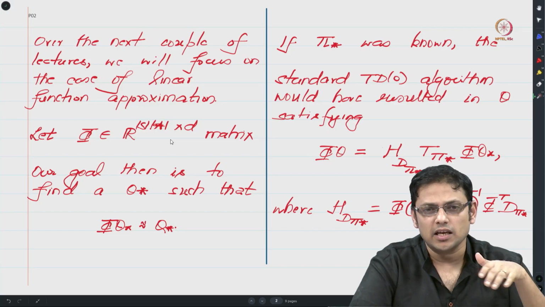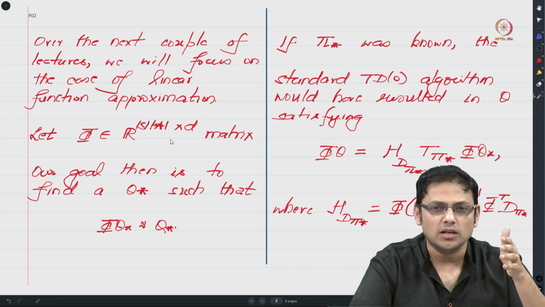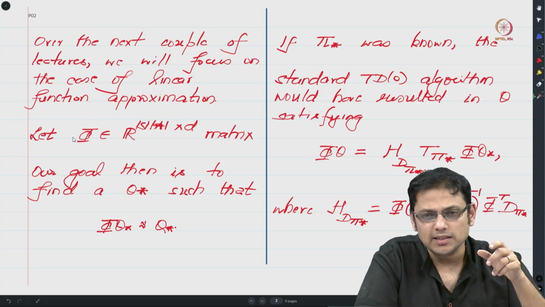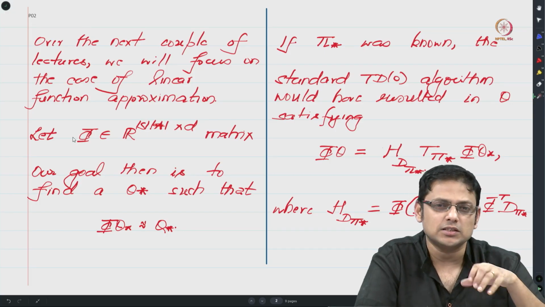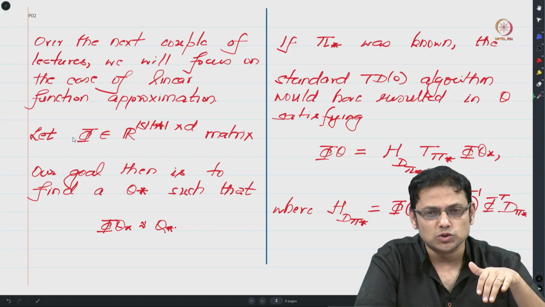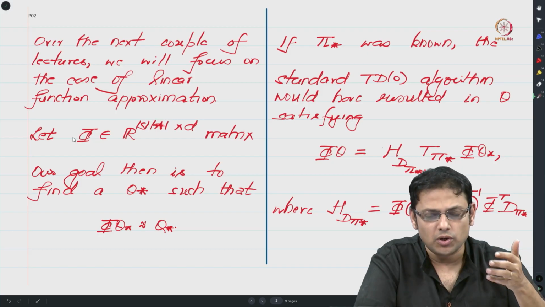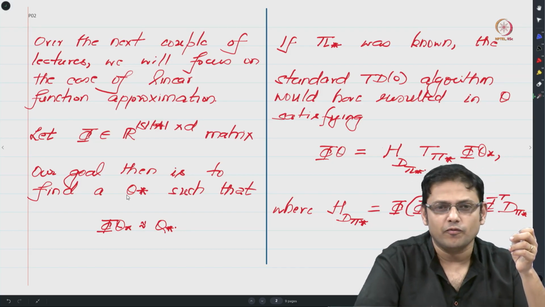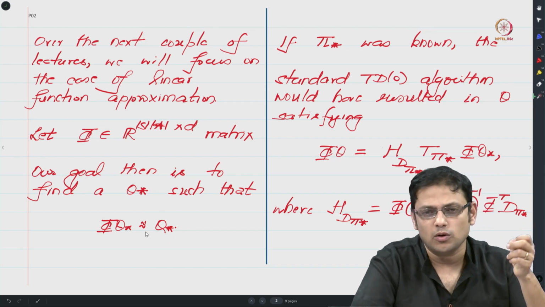So instead of searching in the whole of R^SA space, what we will do is search in the column space of this matrix phi, where the column space is d dimensional, and hence we are restricting our search space to a smaller space. The hope is that by restricting ourselves to a smaller space we will reduce the computational effort and time, and we are able to find a vector theta star such that phi theta star is approximately equal to q star.